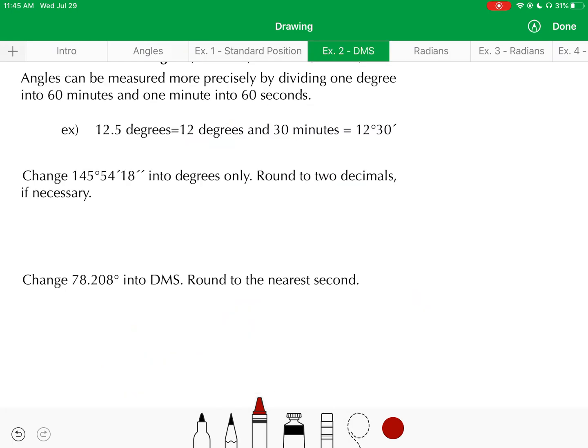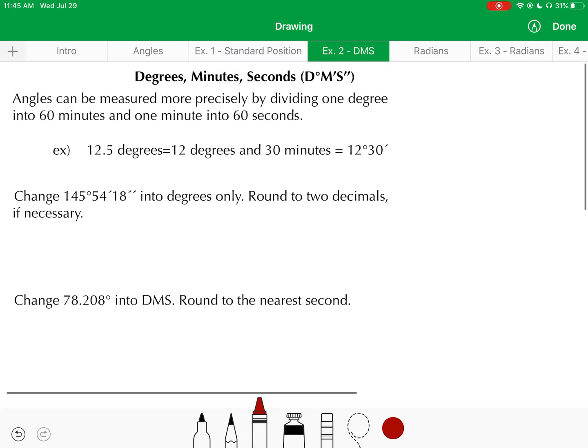Okay? All right, now we mentioned that angles are often measured in degrees, right? Well, we can be a little bit more precise than that, all right? Angles can be measured more precisely by dividing 1 degree into 60 minutes and 1 minute into 60 seconds, okay?